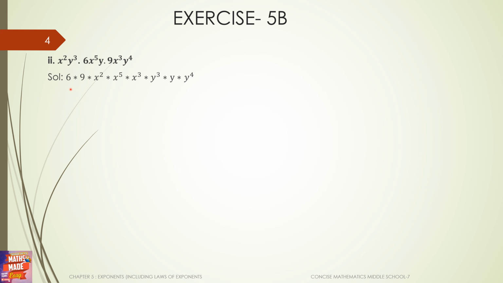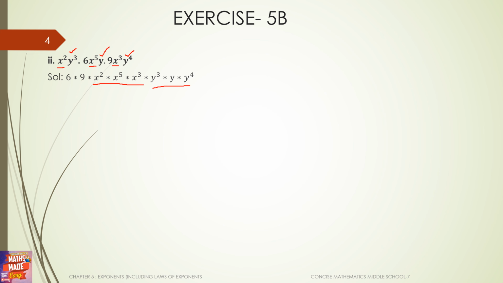I'm getting all the integers at one place, and I'm getting the x values at one place. Look here, children. I'm getting all the x values at one place: x square, x to the power of 5, and x to the power of 3. And similarly, I'm getting y to the power of 3, y and y to the power of 4 at one place.